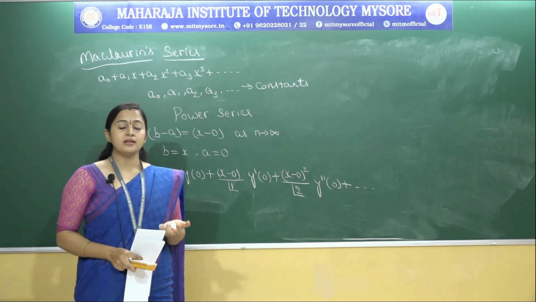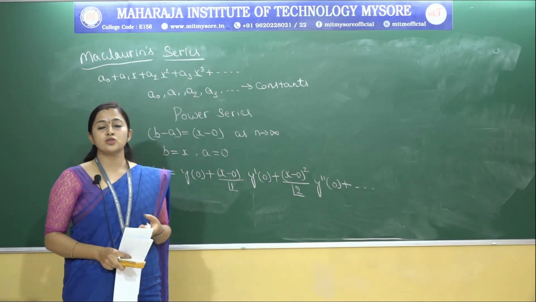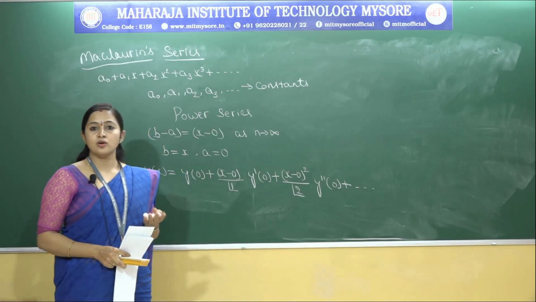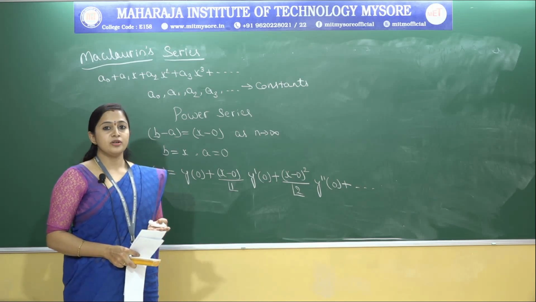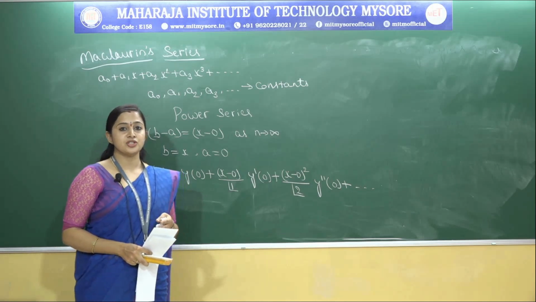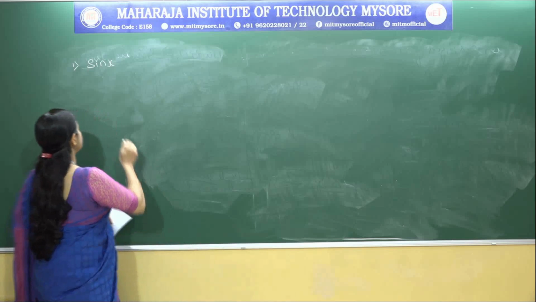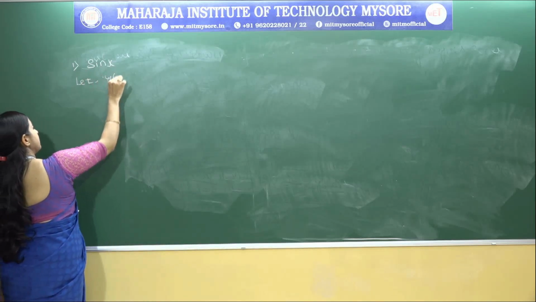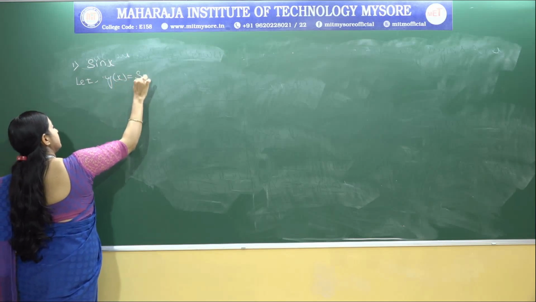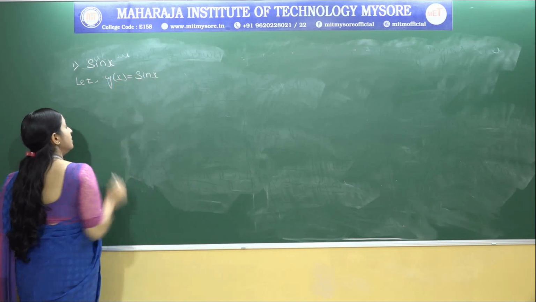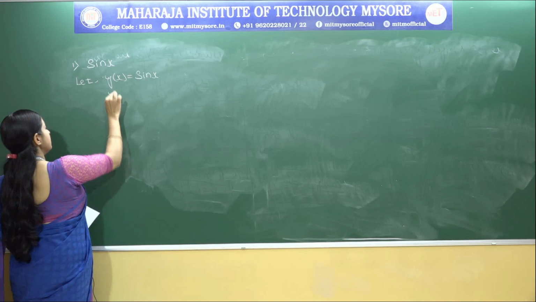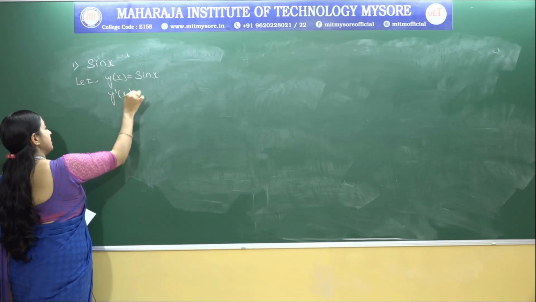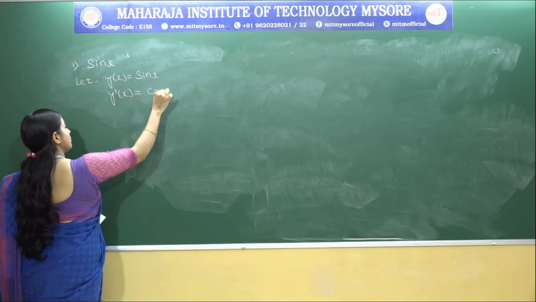Using the Maclaurin series, you can find the series of trigonometric functions, sine, cos, tan, and the inverse trigonometric functions, exponential functions. First, let me take this function: let y of x equal sin x. Take the differentiation: y dash of x, the differentiation of sin x is cos x.